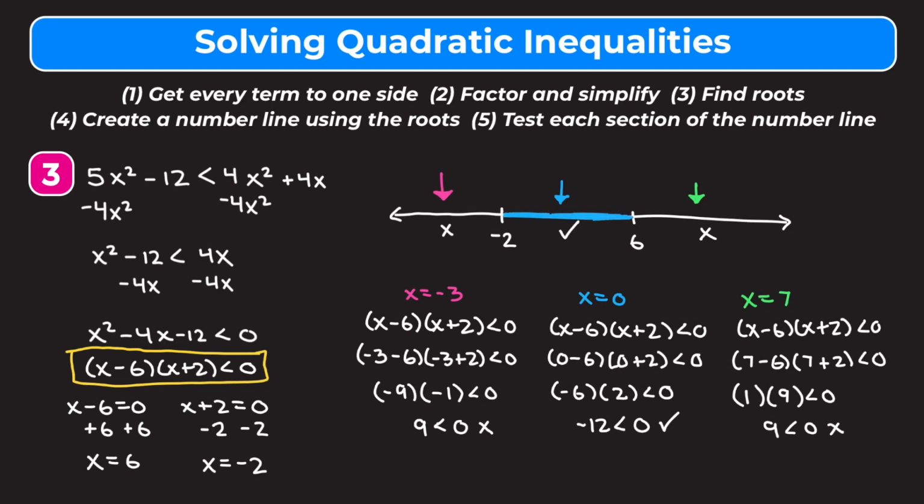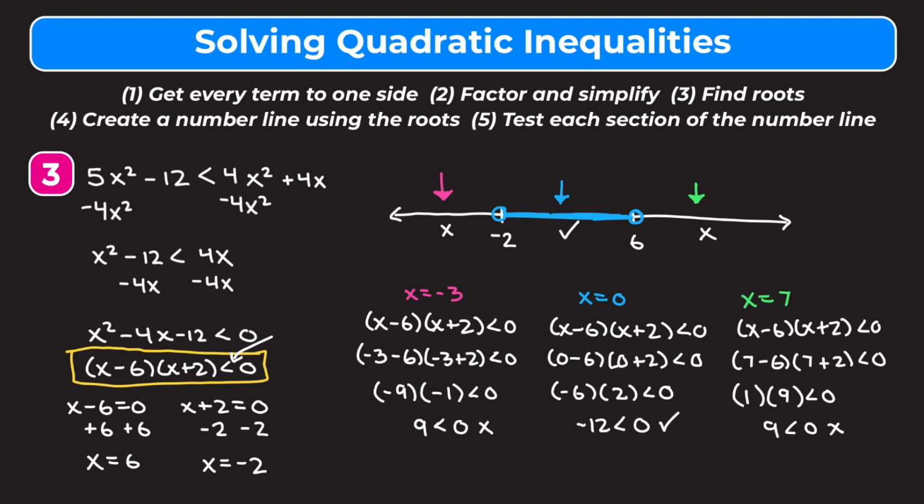And now we have to figure out if negative 2 and 6 are part of our solutions. If we plug in negative 2 and 6 into our polynomial or into this factored form, we know that we're going to get a 0 out. But we know that our polynomial has to be less than 0. It cannot equal 0 this time. So we're going to put open circles at negative 2 and 6.